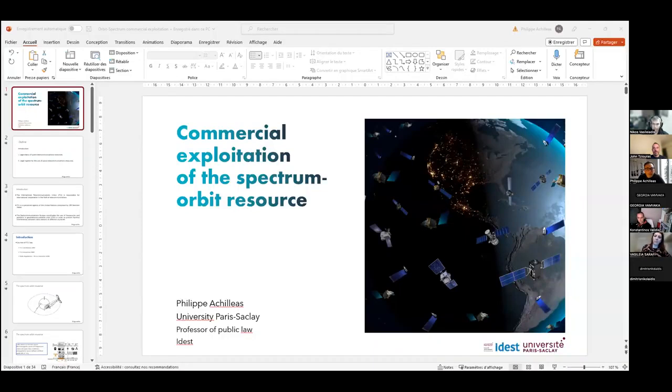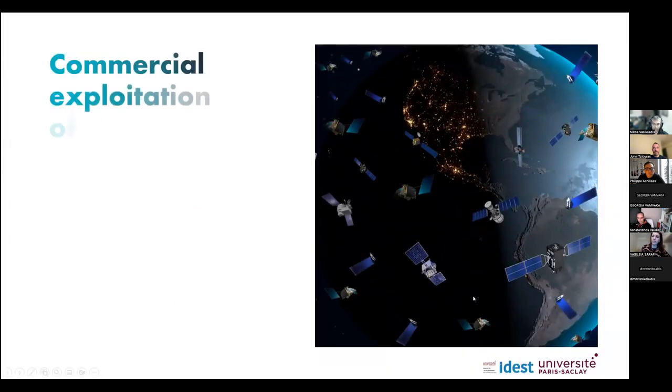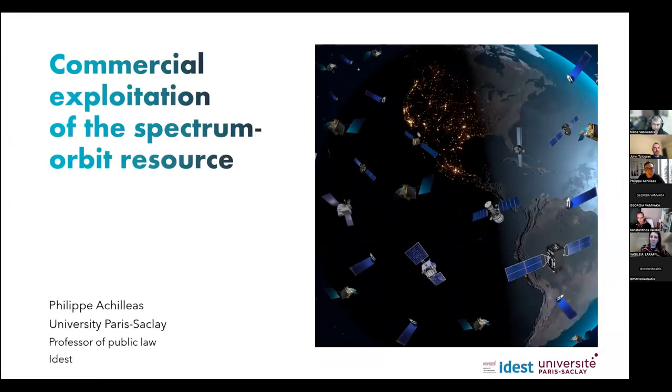So I will continue with commercial exploitation of the spectrum orbit resource, which is a quite complex and technical question. So I will try to be as clear as possible, and I will not go too deep into the regulations, because the main issue is to understand how it works rather than to know all the rules.